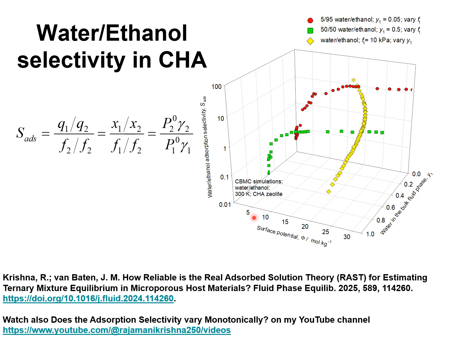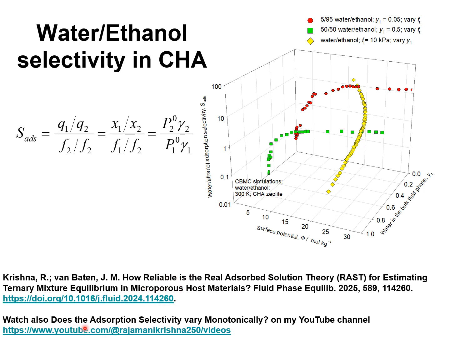It's important to note that the selectivity for water with respect to ethanol varies monotonically as a function of the surface potential and the water in the bulk fluid phase mixture. This characteristic is followed for all binary mixtures investigated in this paper.